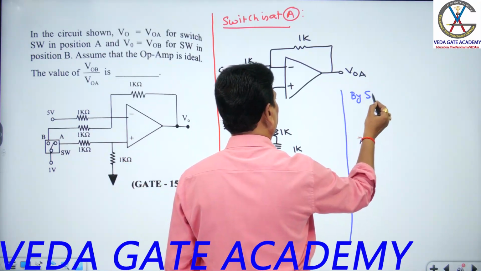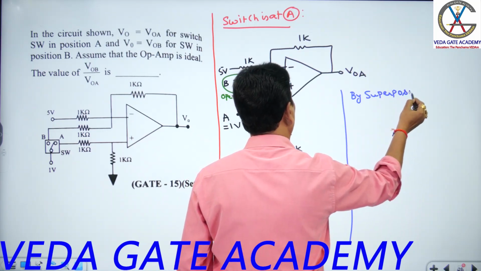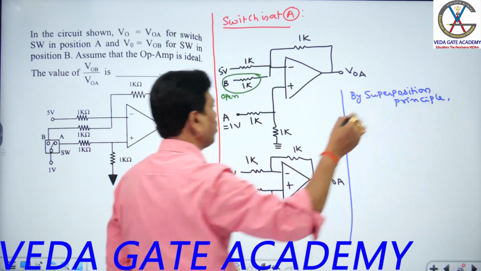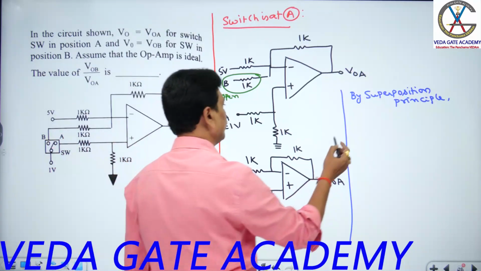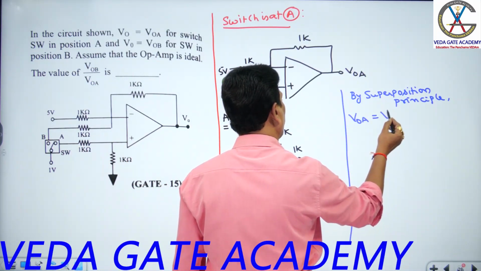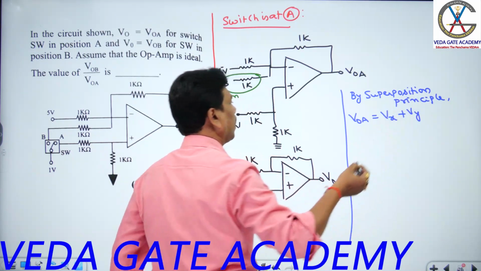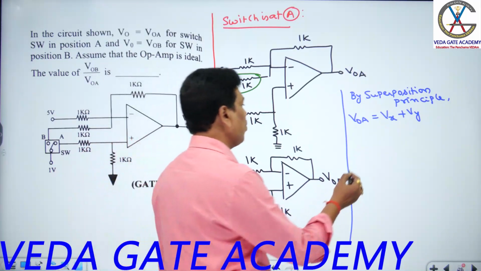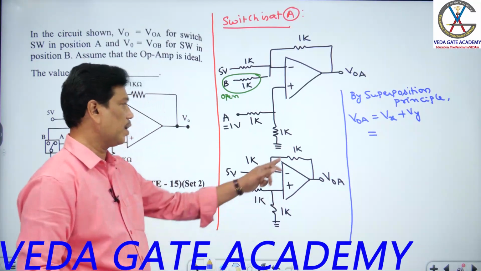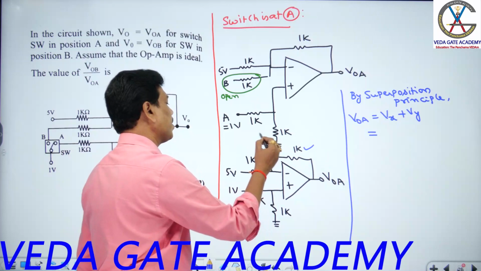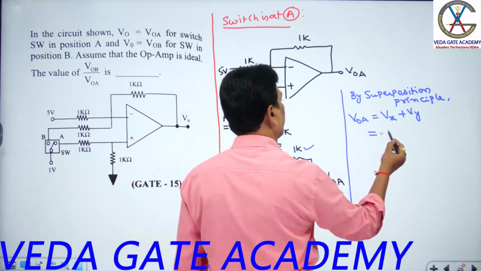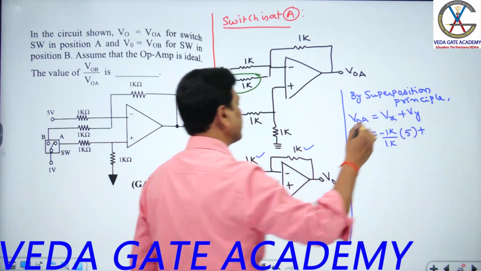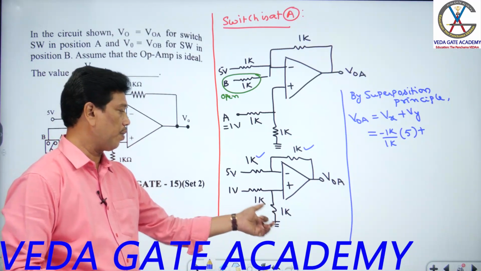By the superposition principle, V0 A equals Vx plus Vy, where Vx is the output by inverting input only: minus 1K by 1K into the inverting voltage 5, plus Vy, the output by non-inverting input. It is not a direct value, it is a divider value.